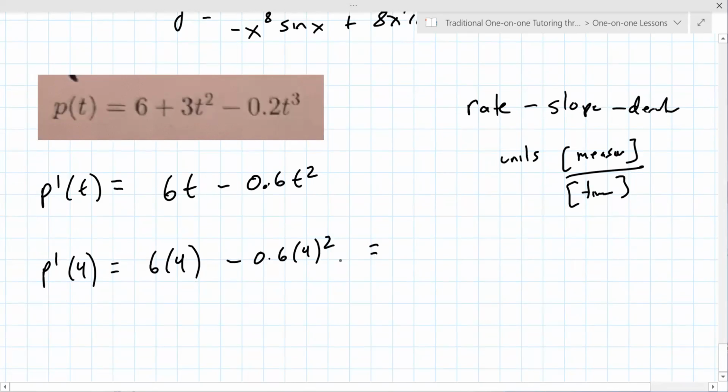You get 24 minus 9.6. Here, I'll do that right now. Negative 9.6, so we got 24 minus 9.6. What does this become? 14.4. Yeah.